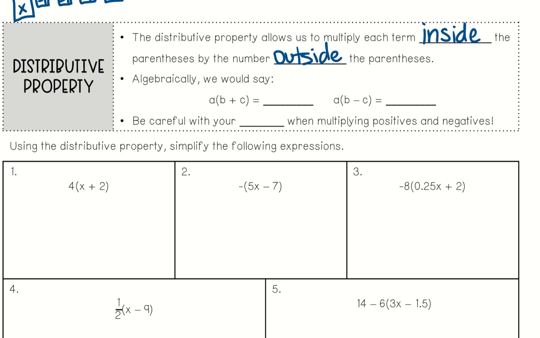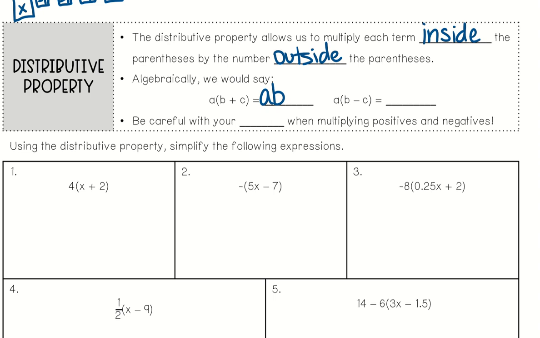So the distributive property allows us to multiply each term inside the parenthesis by the number outside the parentheses. So algebraically, it says A parenthesis B plus C. So we would want to multiply the A times both the terms on the inside.